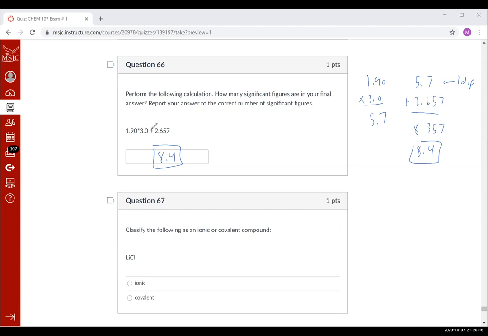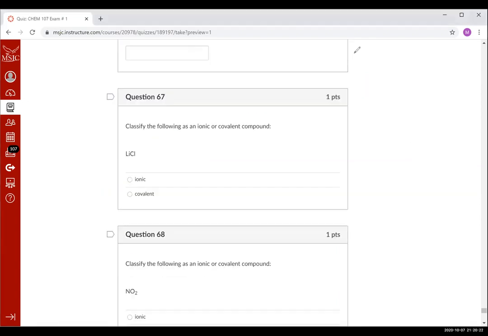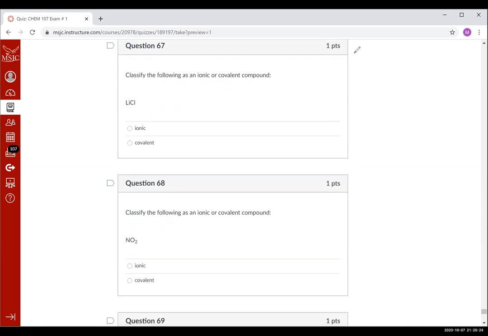Okay, so continuing on, we're going to look at question 67. We're classifying this compound as ionic or covalent. I see the presence of a metal. And what does the presence of a metal tell us? Ionic. Yep, exactly right.